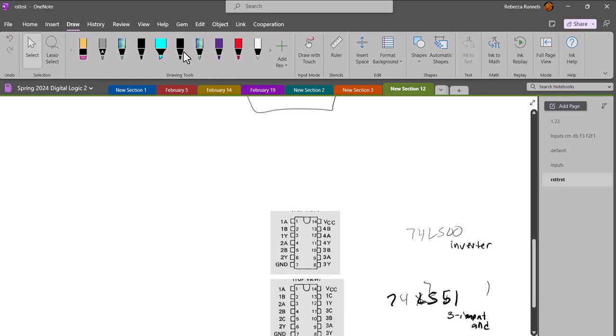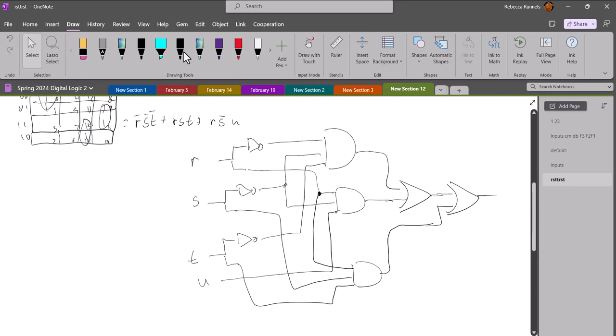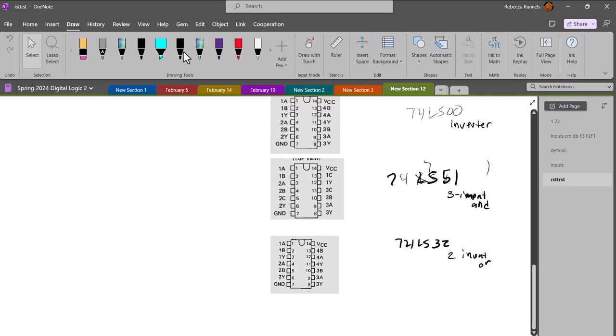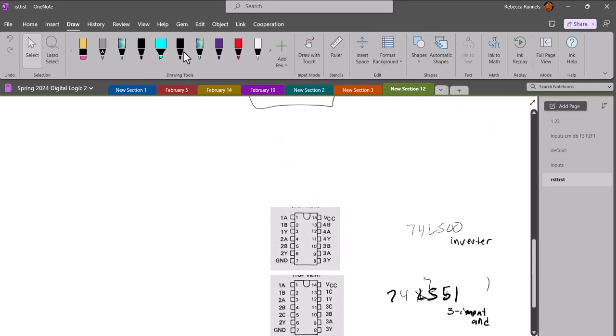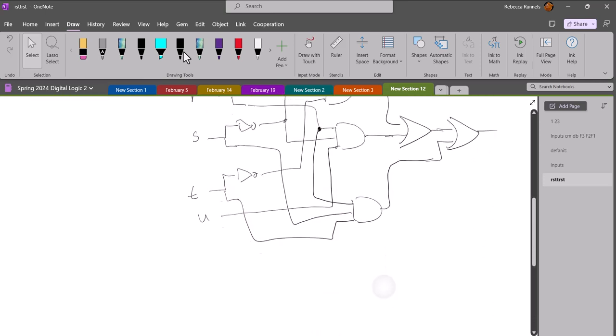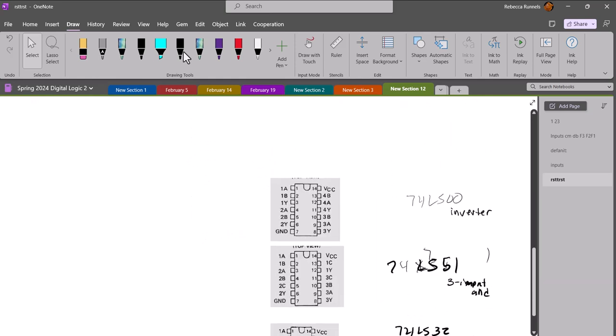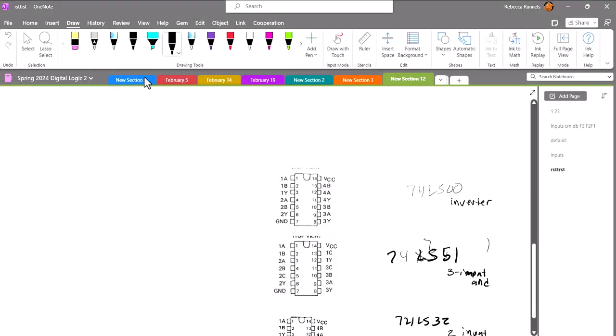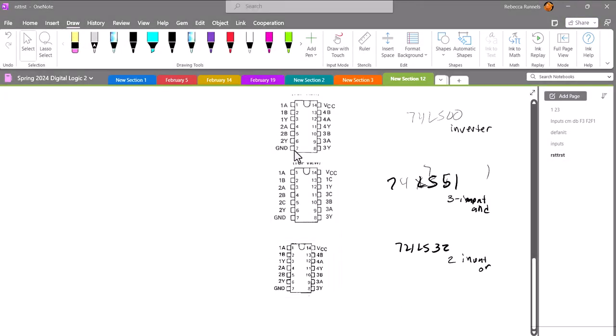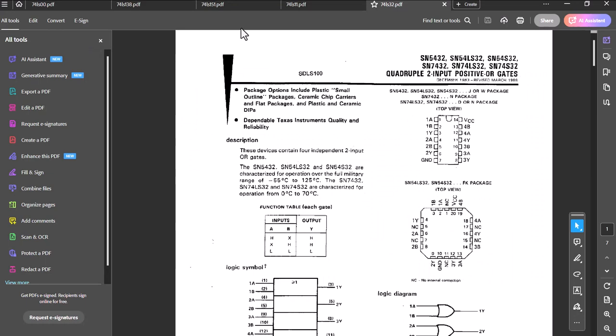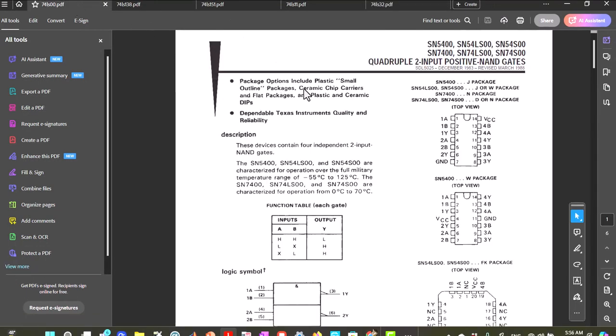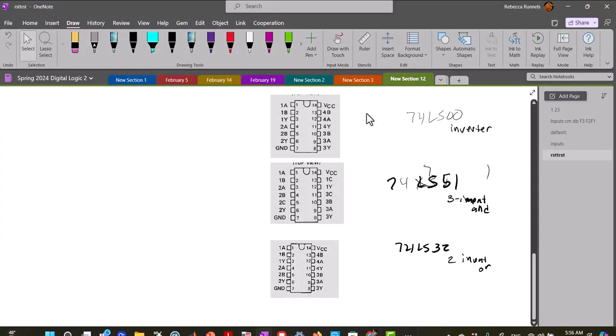And then we can go back and look at this and label it. Well, if we look at our NOT gate, you have, that's not a NOT gate. That's the OR gate. Oh no, that's a NAND gate, so that is not what we want.